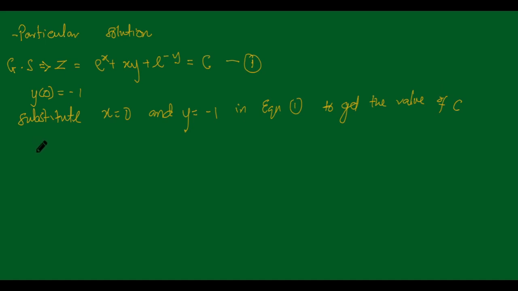So in doing that, we have e raised to the power of 0 plus 0 plus e raised to the power of minus 1 is equal to c. So we have that c is equal to 1 plus e raised to the power minus 1.